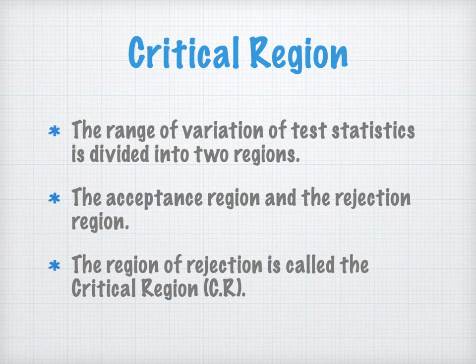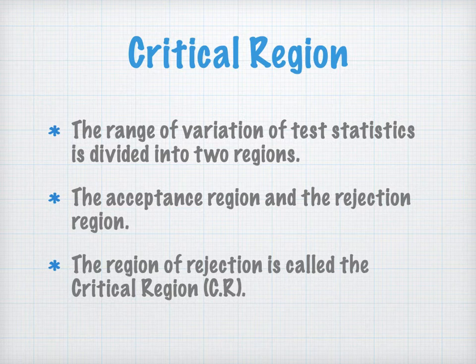Next is the critical region. The concept is that we have a sample space, or a range of variation, a set of values. We divide those values into two: one into the acceptance region and the other into the rejection region.